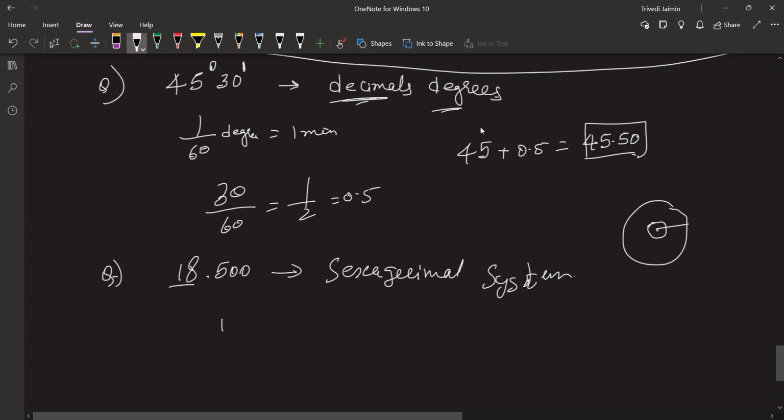Angle degree. Okay, I get it. Each has 360. That means 1 by 360th it is. So that is angle. So 1 degree equals 1 by 360th of a circle.